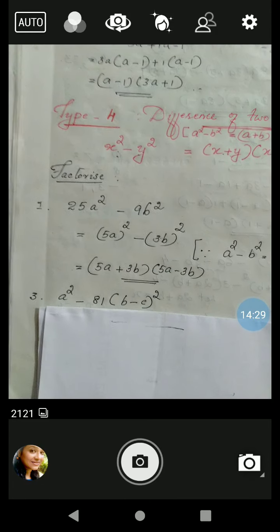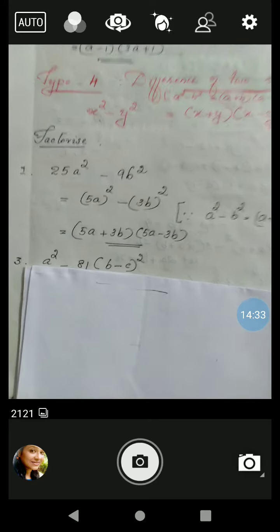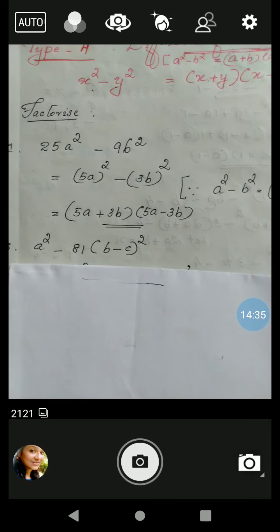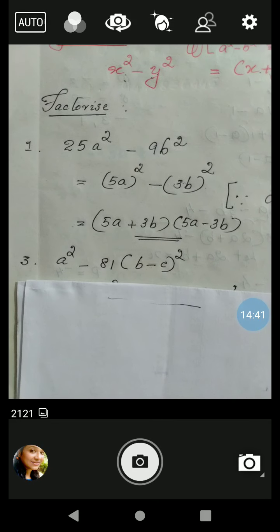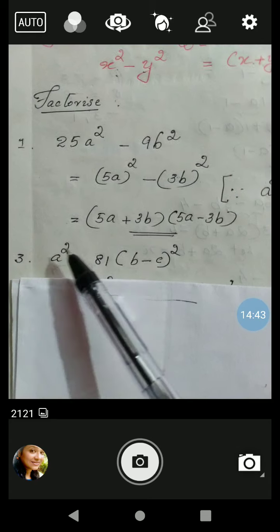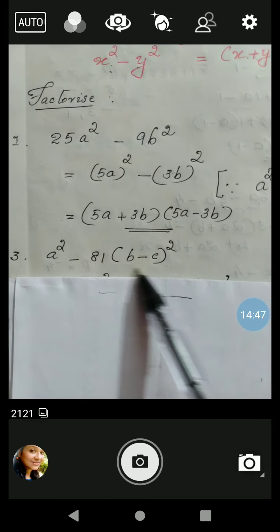Now one more question we can do. Question number 3. The second one is homework. Now you can see a square minus 81 into b minus c the whole square. Actually, a square is a perfect square. And what about this?